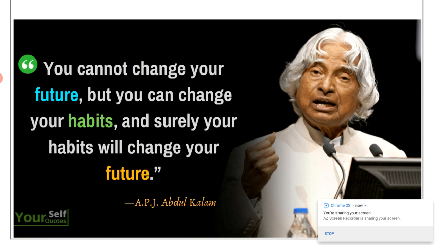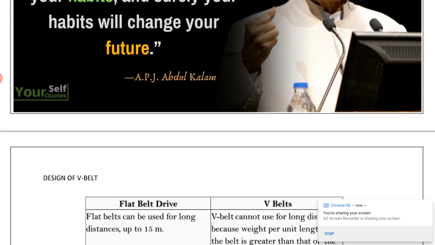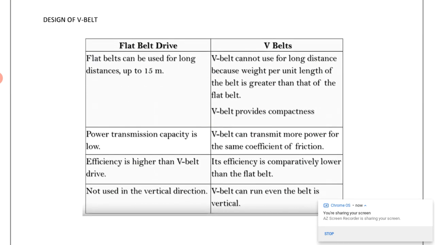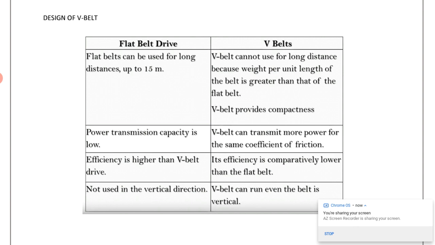So today we will study a new design portion, that is design of V-belt. First we will compare the advantages and disadvantages of V-belt when compared to a flat belt. V-belt is usually designed for transmitting power over short distances, whereas flat belt can be used for long distances up to 15 meters.